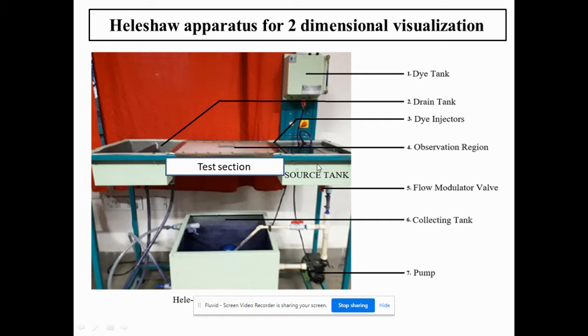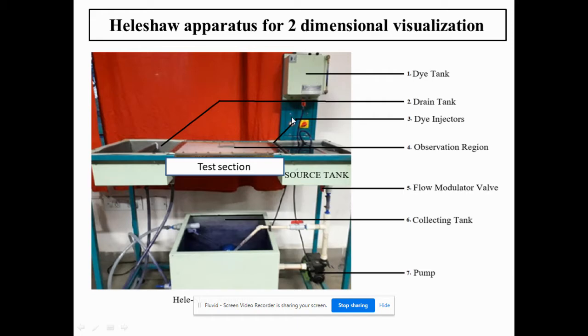And here the source tank serves two purposes. One is the storage of the water, and the other is to supply the water to the test section at the specified velocity. So the velocity is controlled by this valve, the inlet velocity, and the same velocity is going to influence the test section. And again we have a dye tank.